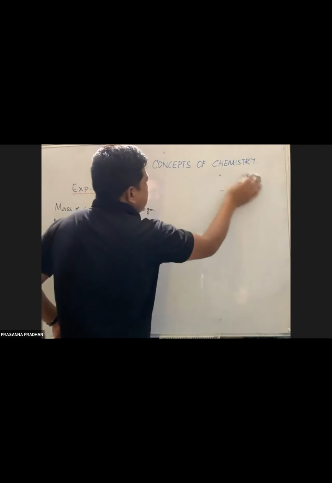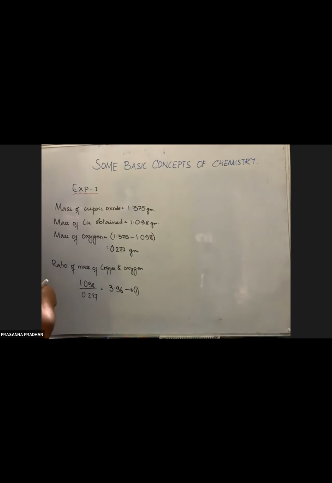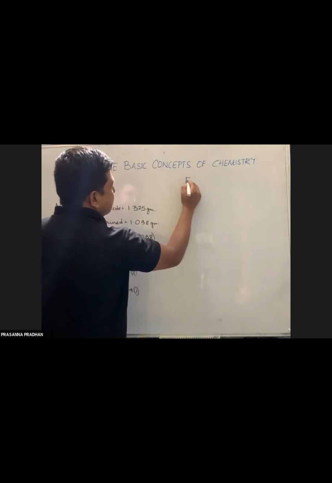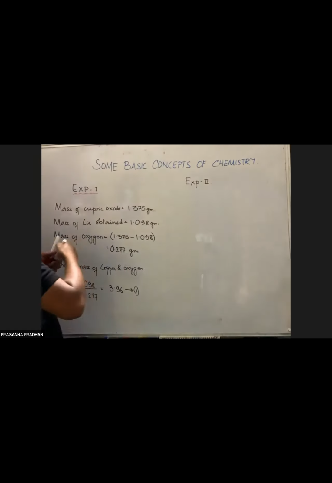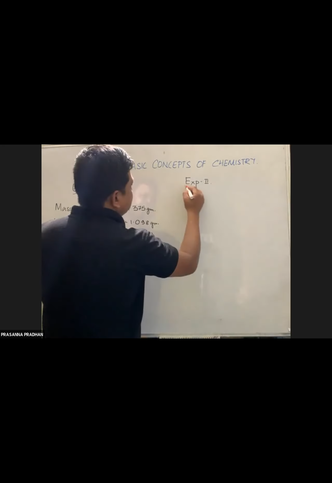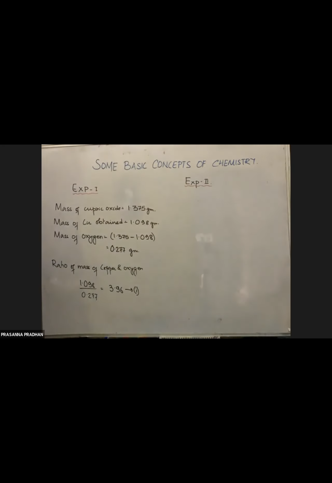Okay, tell me about experiment 2. What are the informations which are given? There were two experiments, experiment 1 and experiment 2. In experiment 2, 1.179 gram of copper was dissolved with nitric acid. The mass of cupric oxide was this much.